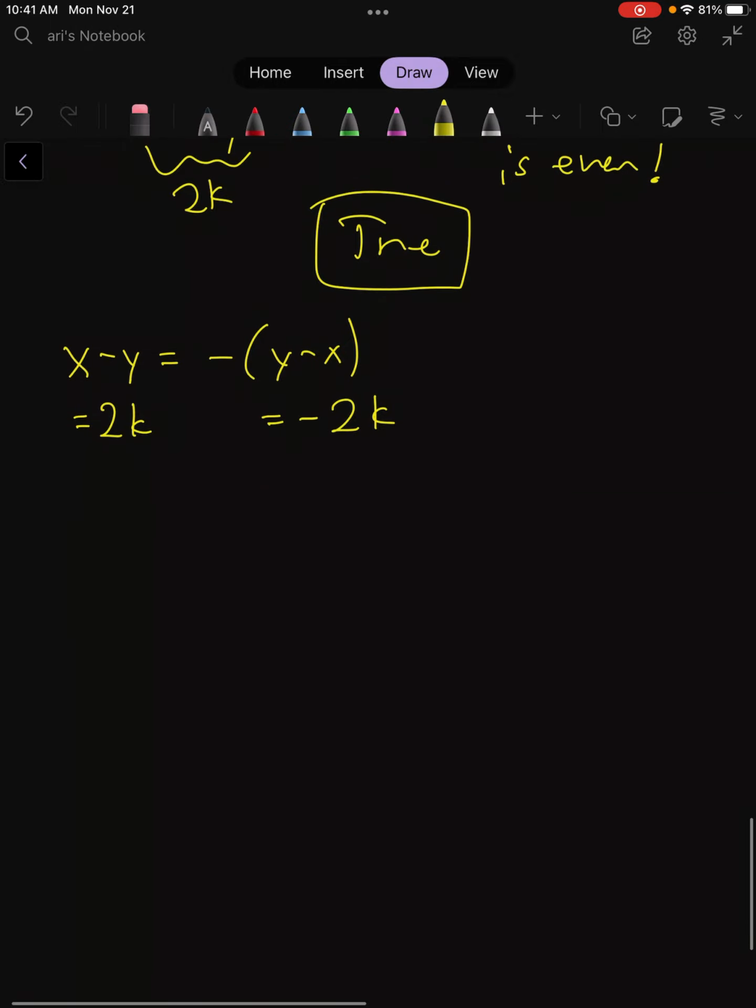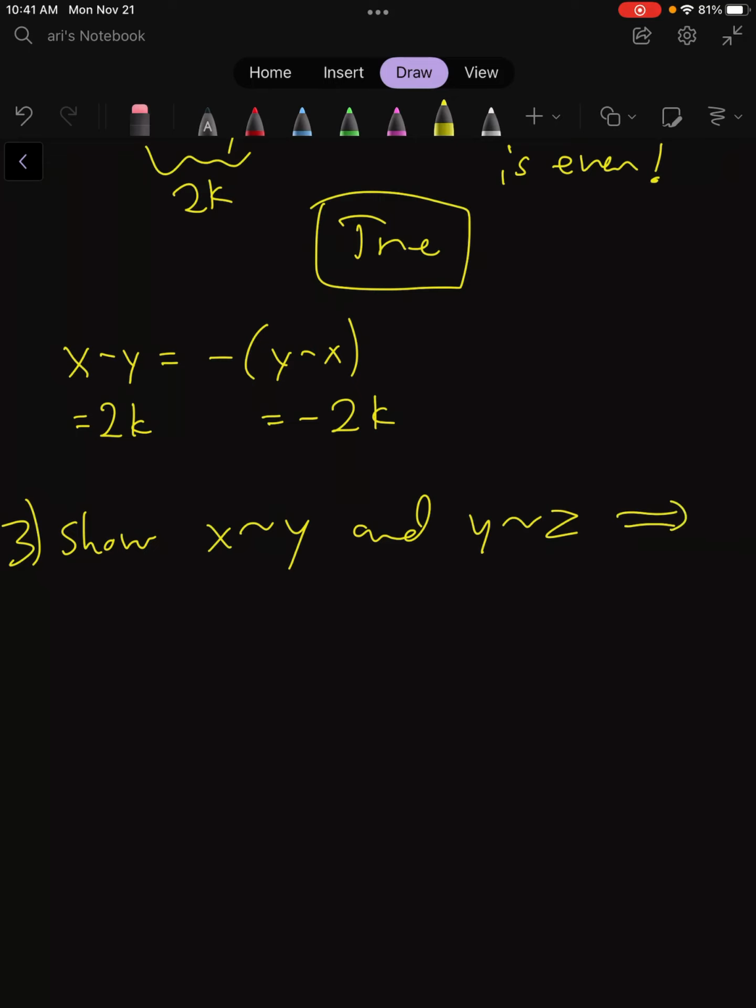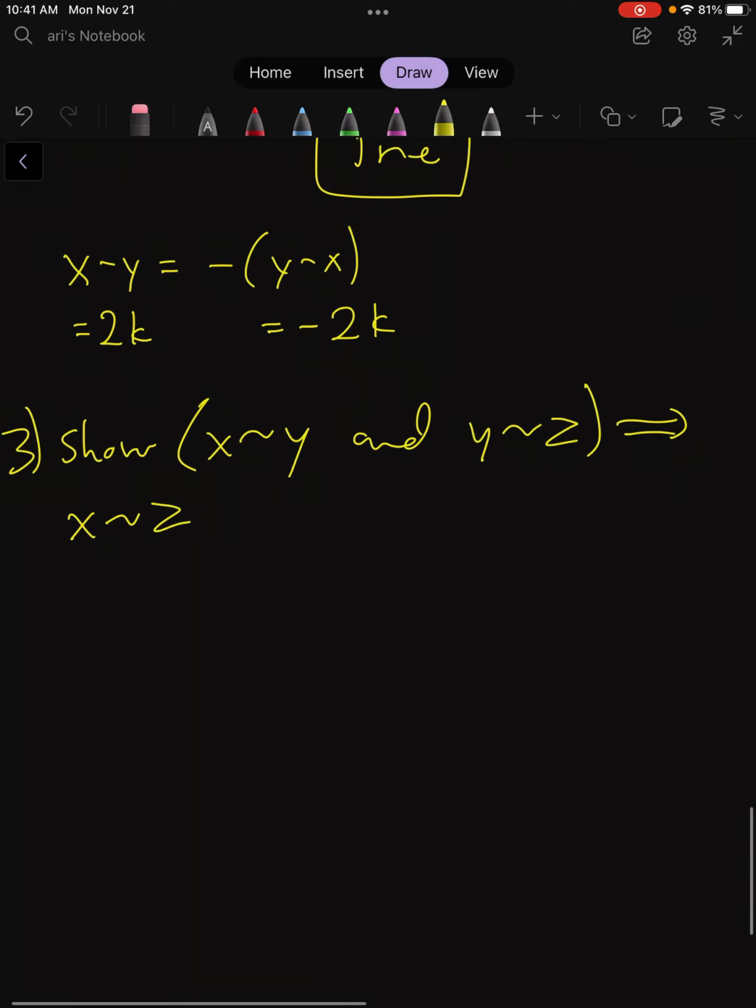So now, for number 3, we want to show that x tilde y and y tilde z imply x tilde z. What does that mean?